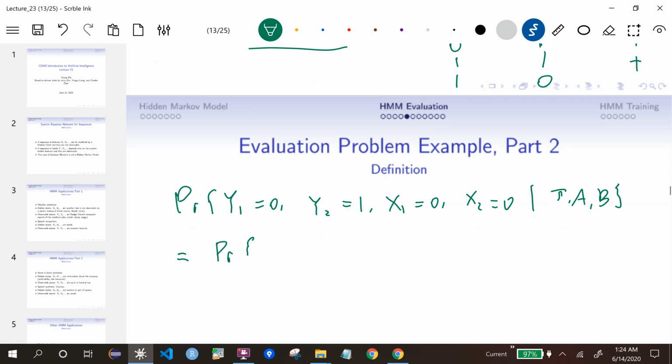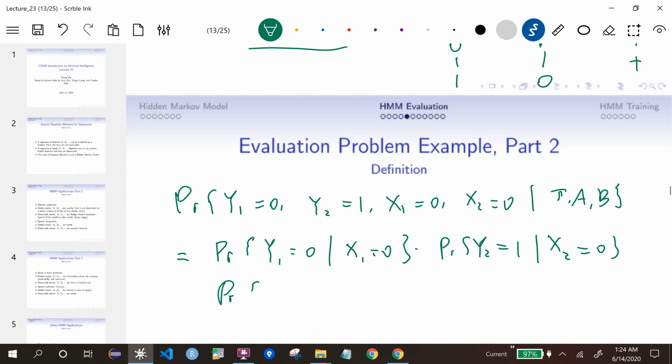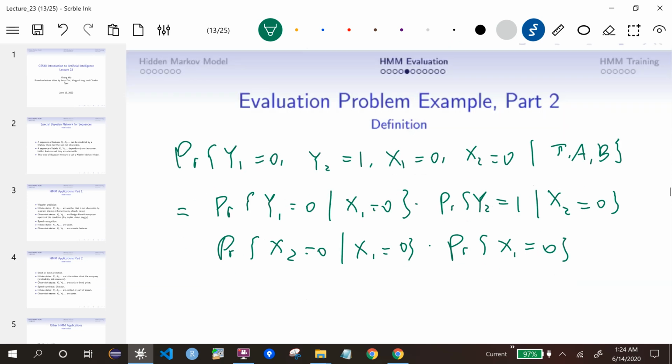Everything is given the parent, right? X1 is 0. Probability of y2 is 1 given x2 is 0, probability of x2 is 0 given x1 is 0, and probability of x1 is 0.